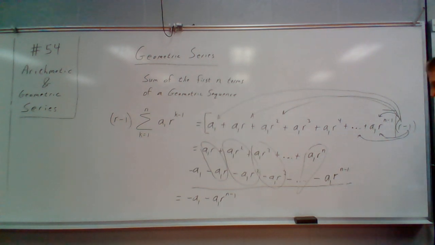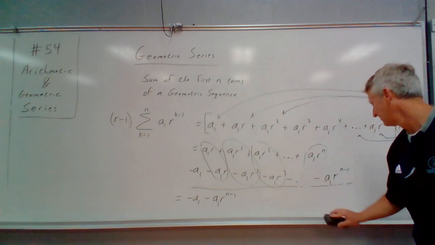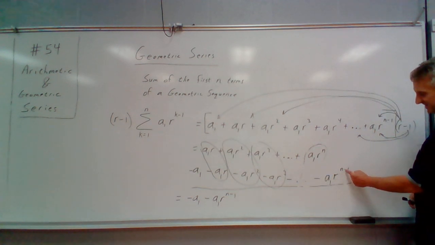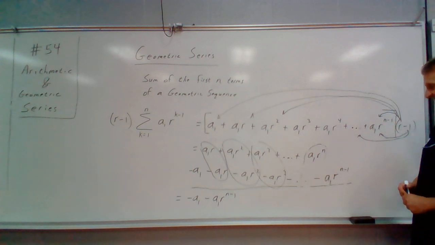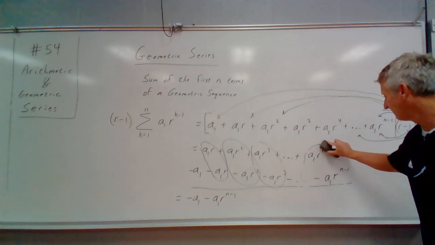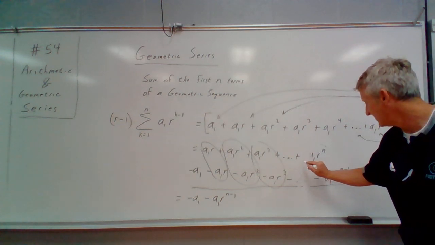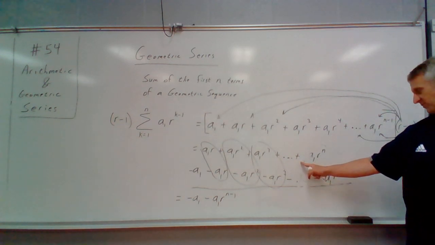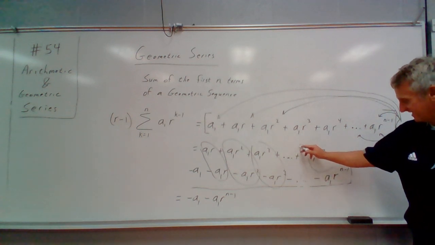Sorry, I messed up right here. I did not pay close attention to what I was doing. I'll try this again. R to the n minus 1 is over here to the left of this. It's less than r to the n. So actually, let me write this out. There's an a sub 1 r to the n minus 1 right here that will cancel with this guy.